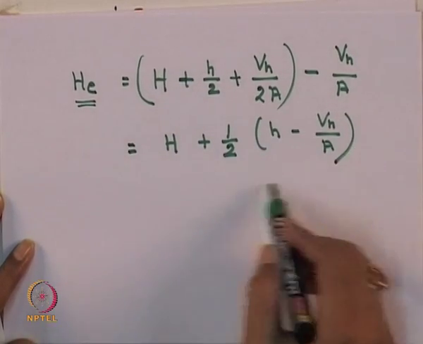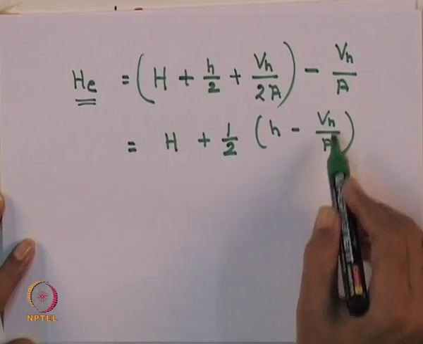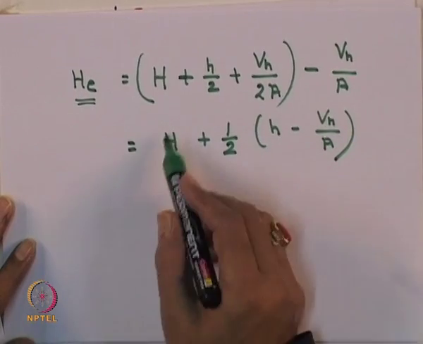Here VH is the volume of the hydrometer and A is the cross sectional area, so this is constant, while the other term can vary.